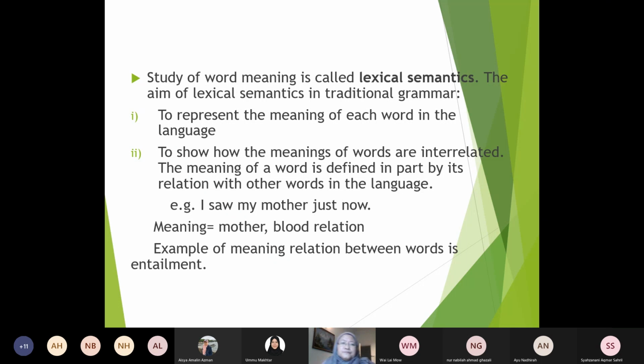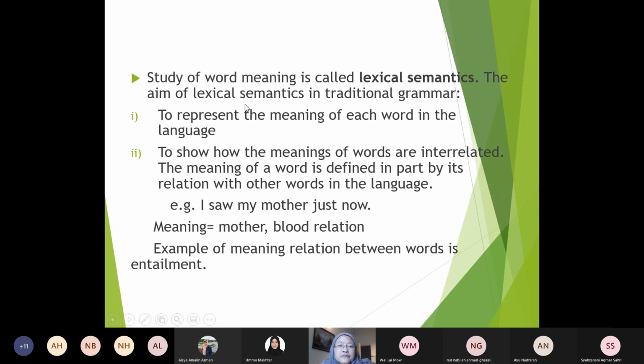Okay, so today we're going to talk about the study of word meaning. We're going to study word meaning, and it's called lexical semantics. Because words belong in the lexicon, in the mental lexicon, and each entry in the lexicon is a lexical item.